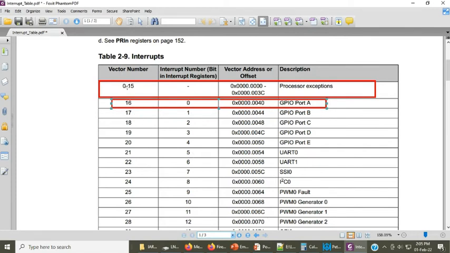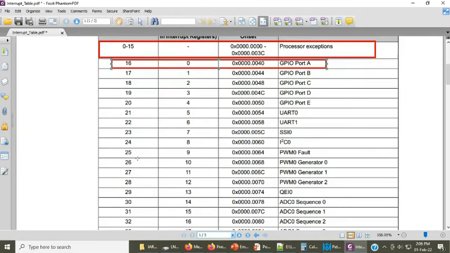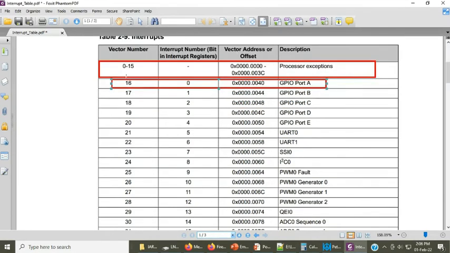So 0 to 15 are exceptions, and then 16 onwards are your interrupts, or you can call them interrupt number 0, 1, 2, 3, and so on. But actually the vector addresses are 16, 17, 18. Anyone having any doubt in this part?